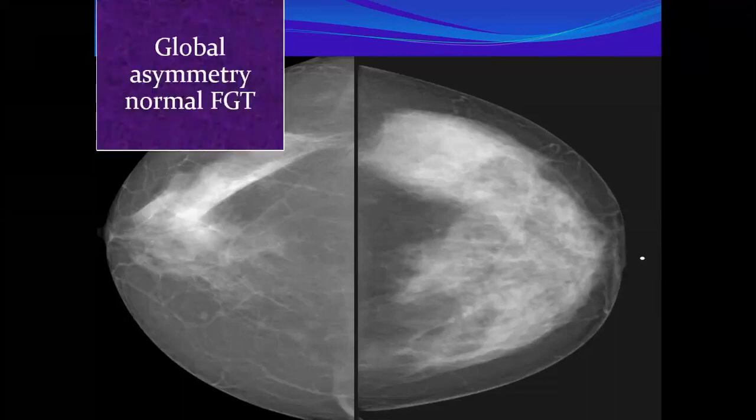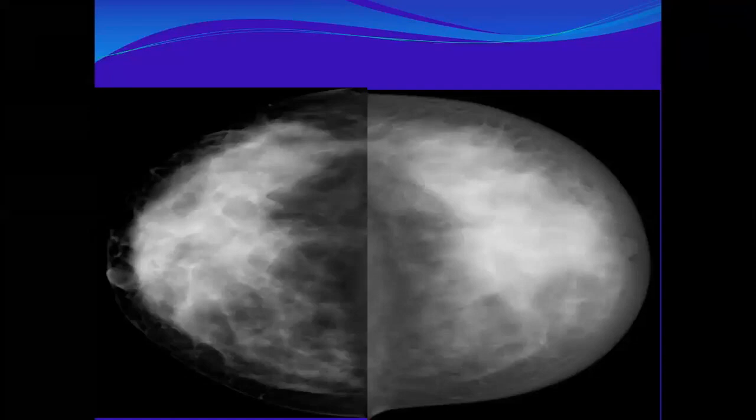This is normal fibroglandular. See? Variations between the two sides. Okay? What about this one? Continue. This is the left breast showing global asymmetry and thickening trabeculation and skin thickening of the whole skin.